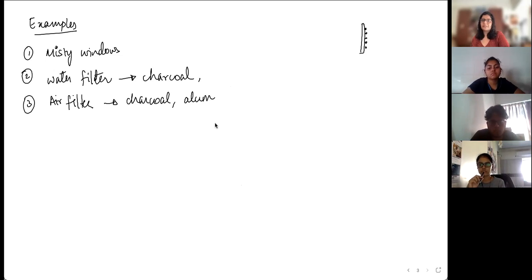At least in my grandparents' house, I've seen this. You put a little bit of alum. Alum is a white crystal. Or some people also put charcoal. It works the same way charcoal works in a water filter. Some people put baking soda. This I have used myself.